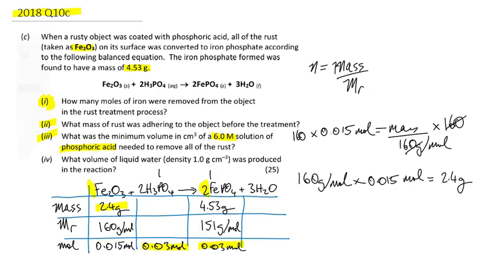of phosphoric acid, and we know that in a 6 molar solution, we've got 6 moles in 1,000 centimeters cubed. So 1 mole equals 1,000 over 6. I'm just dividing both sides by 6.